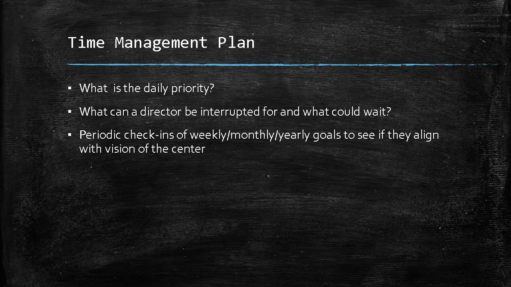Am I going to ask to be able to shut my door? Am I going to take it with me on my lunch break and try to work on it? Am I going to break it down into 15-minute sections throughout the day so that I can get some work done while I also prioritize the needs of my center? So what's my priority? No more than 3, and how can I achieve it within my day?